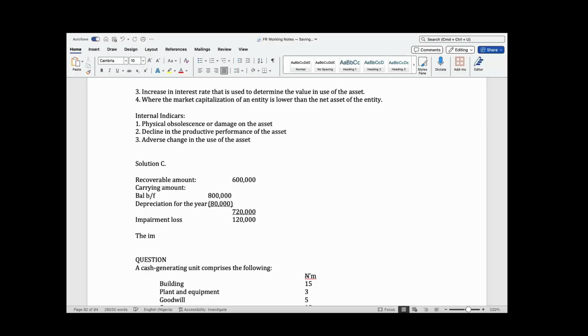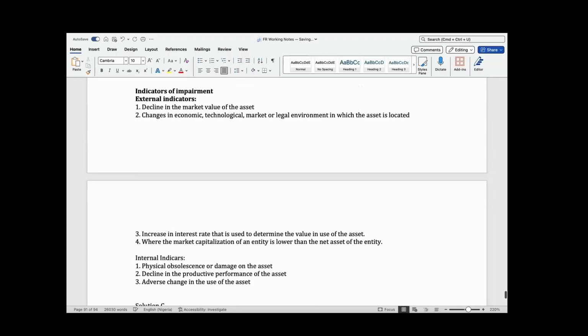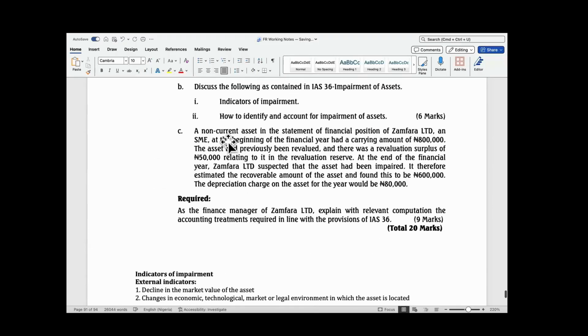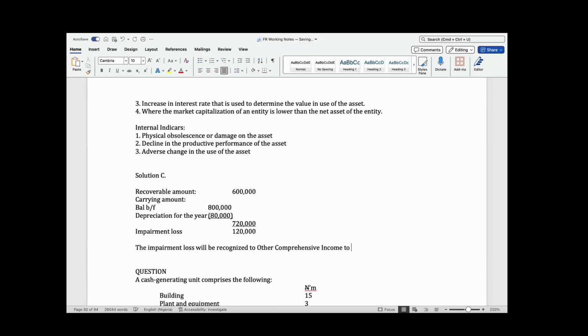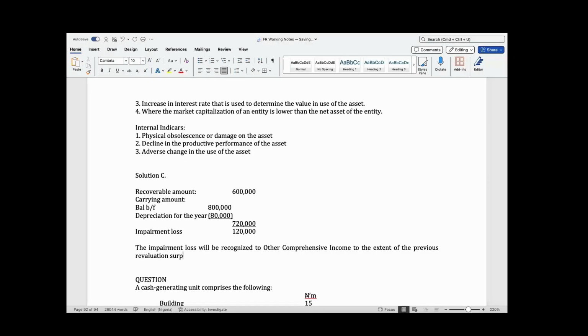So the impairment loss will be recognized in other comprehensive income to the extent of the previous revaluation surplus of 50,000.